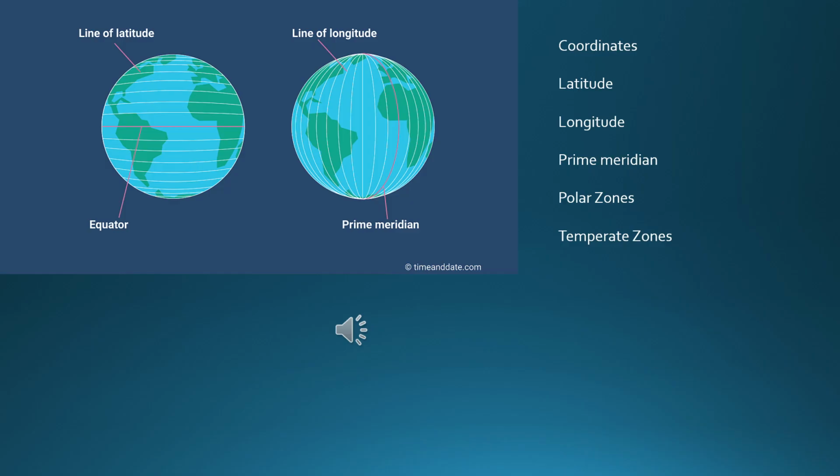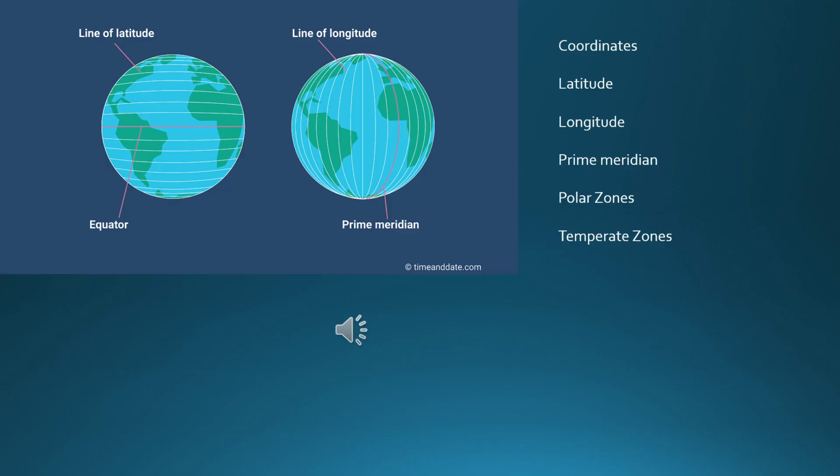The coordinates are latitude, which is the distance from the equator to the North Pole or the South Pole, on a scale where 0 is the equator and 90 degrees north is the North Pole and 90 degrees south is the South Pole. And longitude is the distance east or west from the prime meridian, on a scale where 0 is at the prime meridian and 180 degrees is on the opposite side of Earth from the prime meridian. And the prime meridian is a line from the North Pole to the South Pole that goes through the Royal Observatory in Greenwich, England.